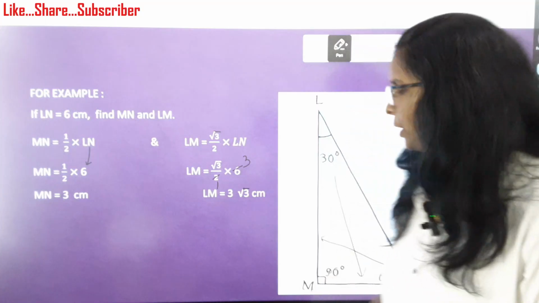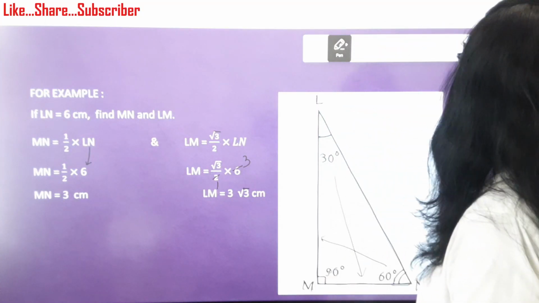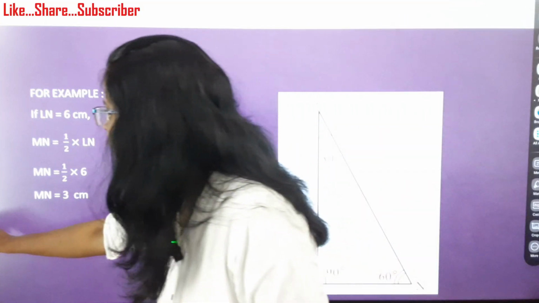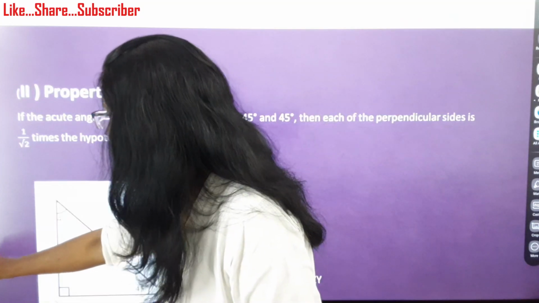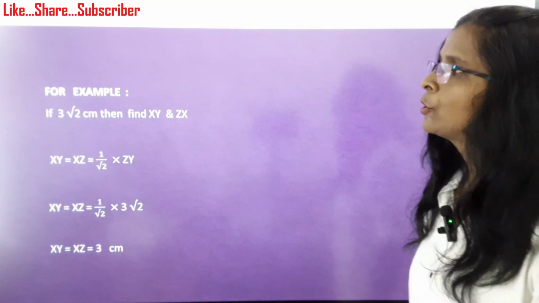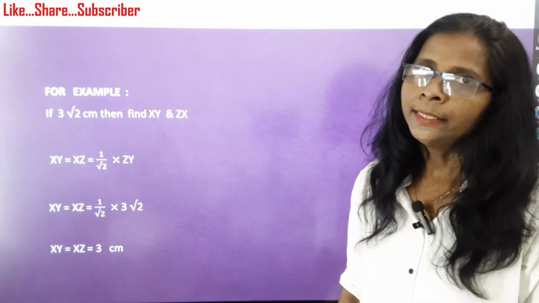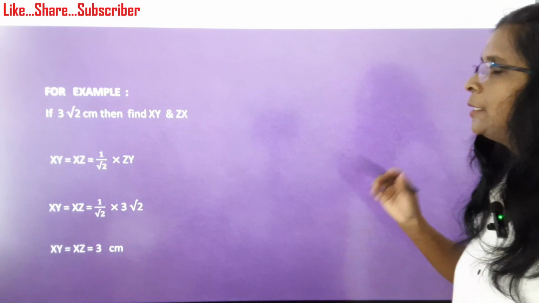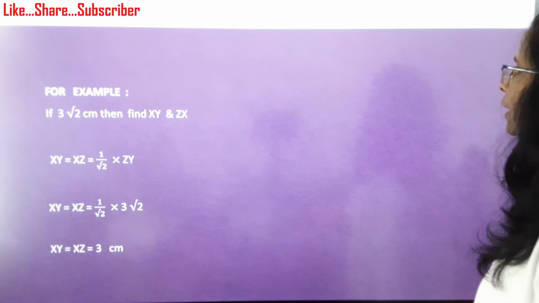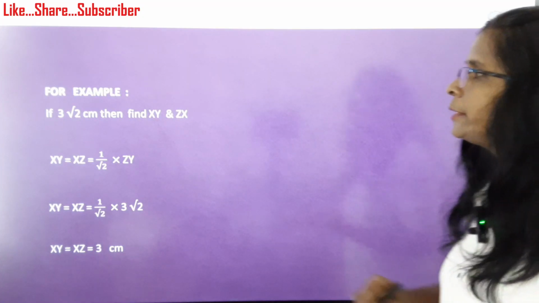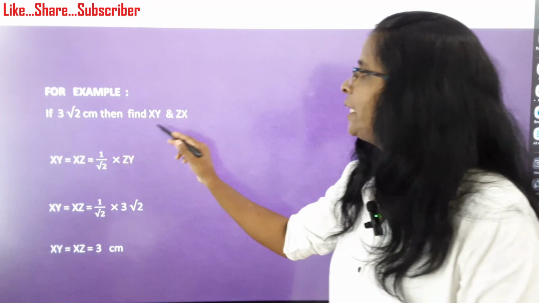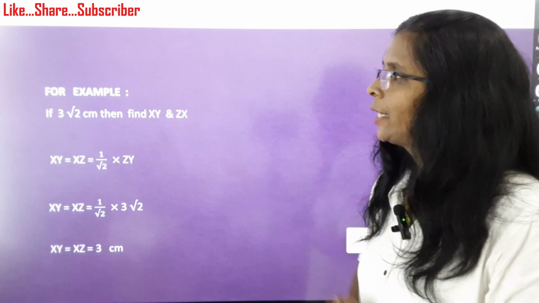Now see the example for the 45, 45, 90 degree triangle. Suppose the hypotenuse is 3 root 2 centimeter, then find XY and XZ.